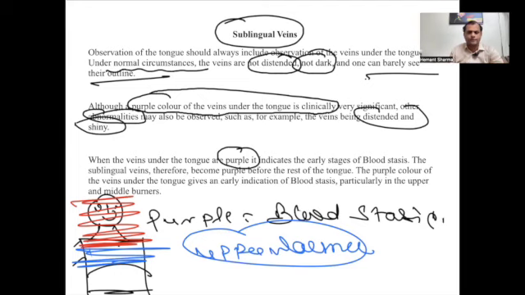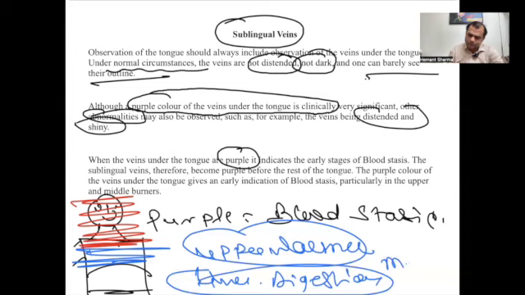And the middle burner means liver, digestion, stomach, and all. So if you can see a purple sublingual vein below the tongue, it represents a problem in the middle burner or the upper burner. There is blood stasis.